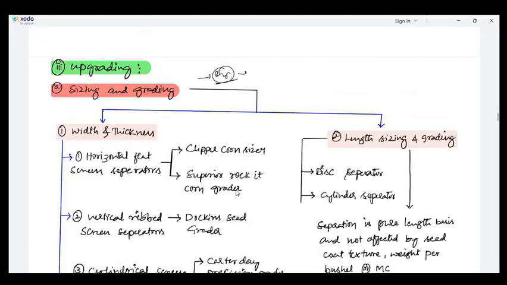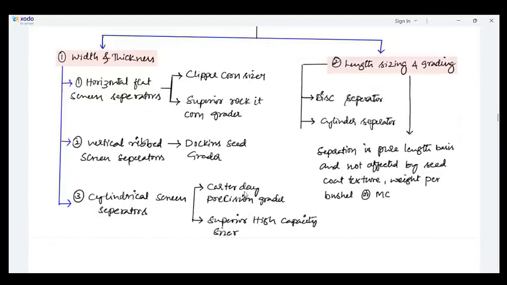Okay, so we have the list, which starts with width and thickness, and next we have length sizing and grading, in which the equipment is the disc separator and cylinder separator. As I told you, the disc separator and cylinder separator work based on the principle of length and size. Length sizing is usually based on the length of the seeds, and the seeds will be separated.